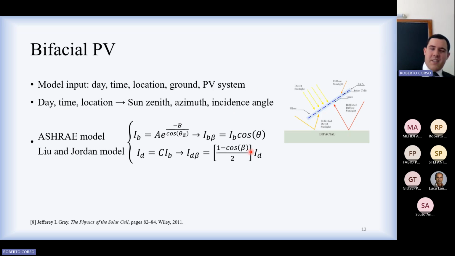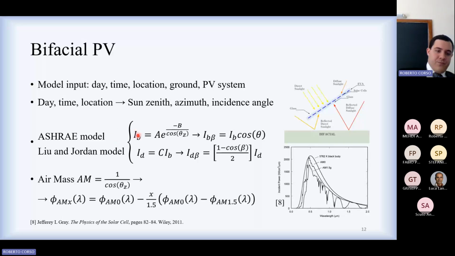This comes from the assumption that the diffuse light is diffused isotropically over all the 2 pi solid angle of the sky, and this is an assumption introduced by Liu and Jordan in the model named after them.